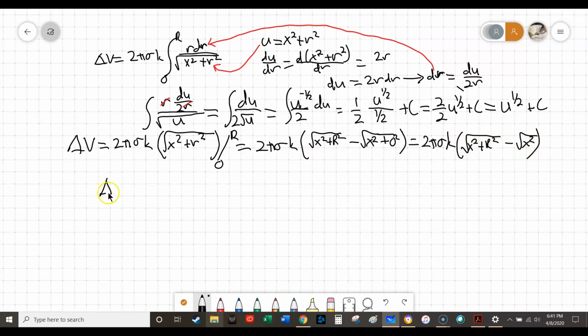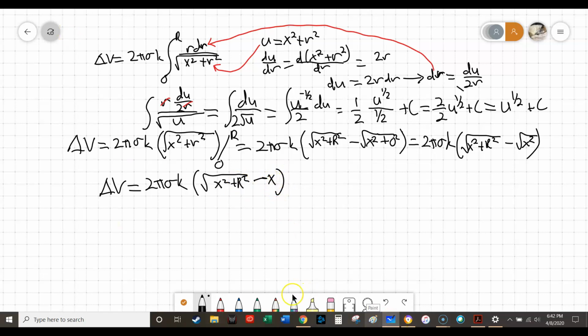Or in other words, what we could write is 2 pi sigma times k, square root of x squared plus r squared, minus x.